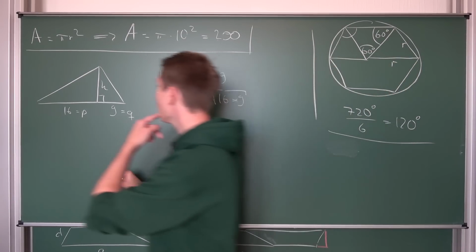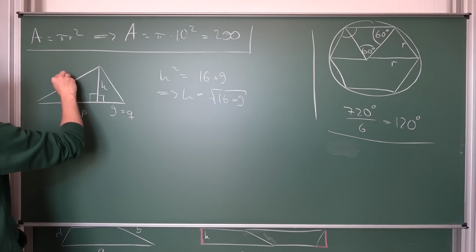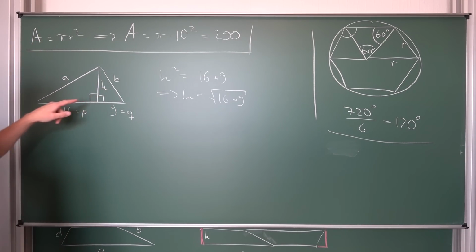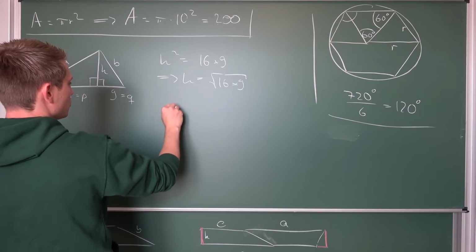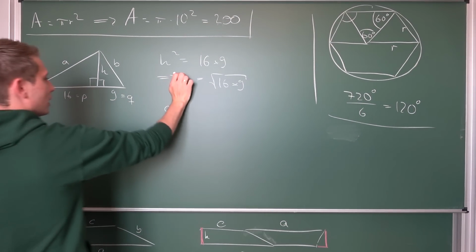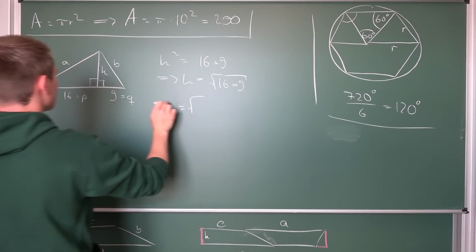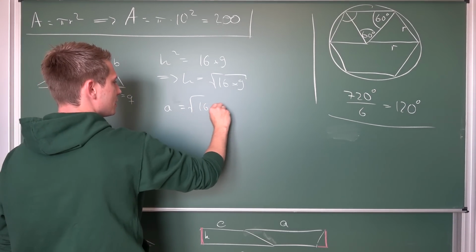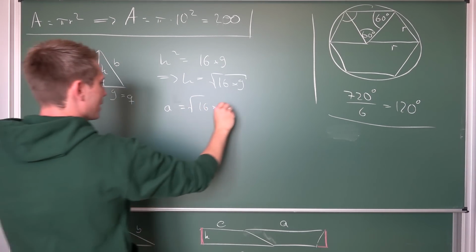So if this right here is our A and this is our B, we are going to have that A is nothing but the positive square root of H squared, so 16 times 9 plus 16.